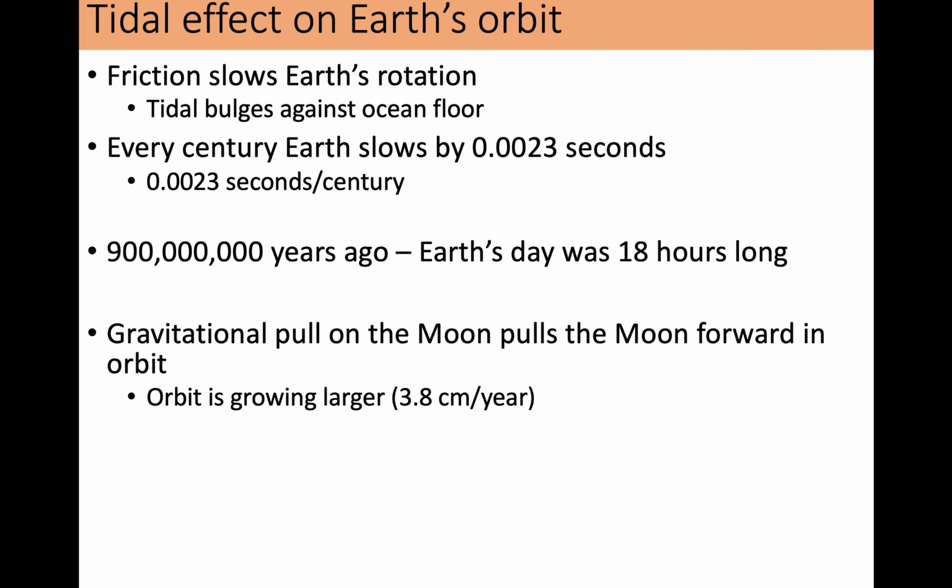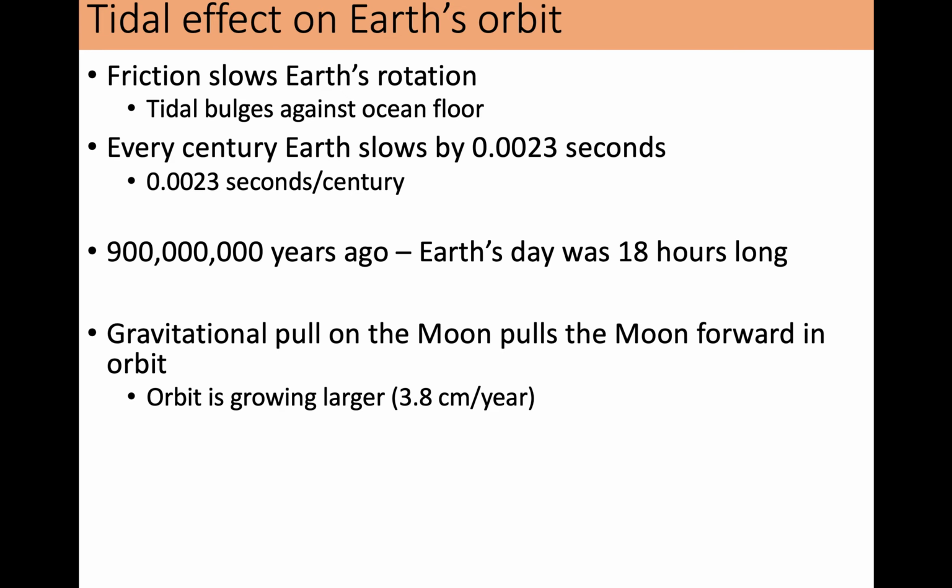Every century, the Earth slows by about 0.0023 seconds in daily rotation. So 900 million years ago, the Earth's day was actually 18 hours long. So it only took 18 hours for the Earth to rotate around its axis. But it's been slowing down since forever, since we've had the moon there.